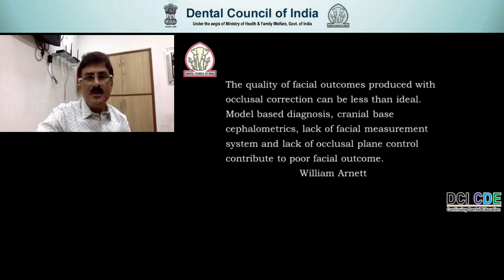Our cephalometrics is based on the cranial base, and the lack of a facial measurement system and lack of control of the occlusal plane contribute to poor facial outcome. Occlusal plane control means the vertical element. We are essentially talking in terms of sagittal and not controlling the vertical. So we need to control the vertical.